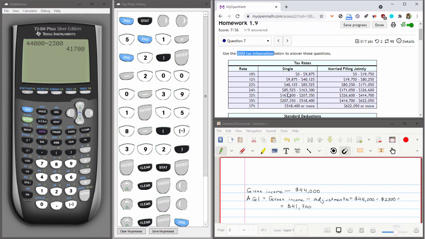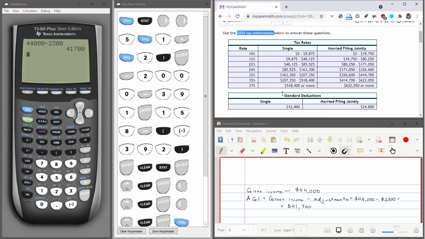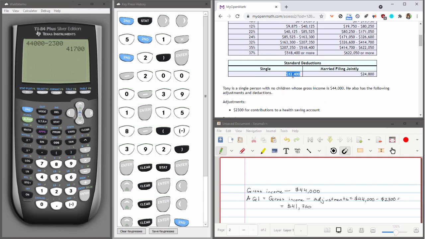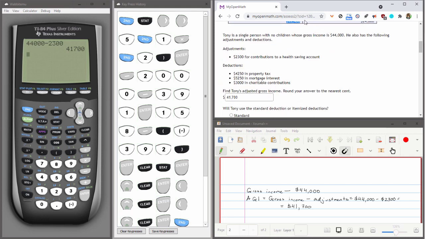If you're watching this from the future, you might see a future tax year's information here, which will just affect what actual numbers you use. So, Tony is single. We want to use the standard deduction of 12,400 to compare to his itemized deductions.